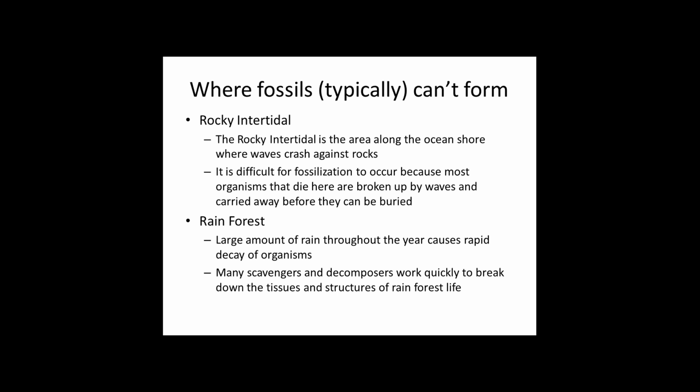There's also many scavengers and decomposers that work quickly to break down the tissues and the structures of rainforest life. And so, as you can see, we have these abiotic factors and biotic factors working to break down the material of the organism left behind, and so the organism just is not allowed to fossilize. So this is why rainforests are not typically good fossilization environments.